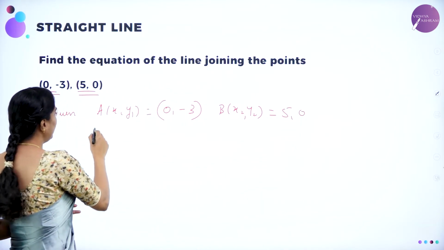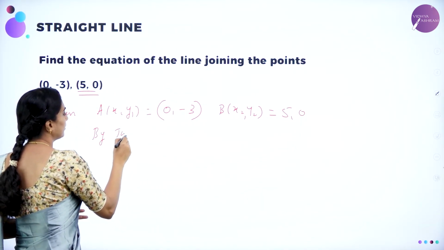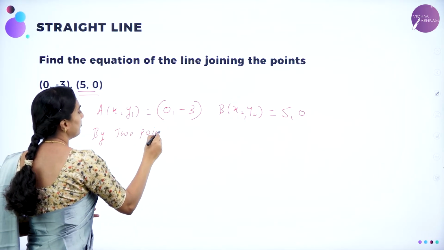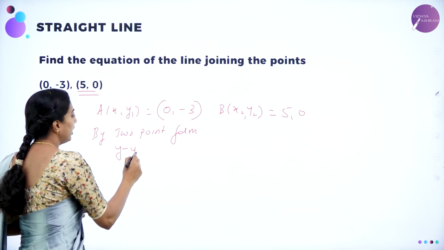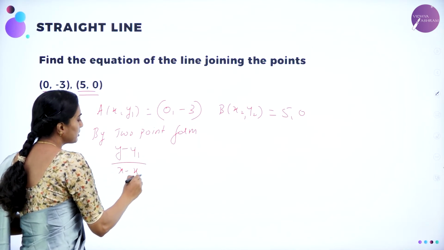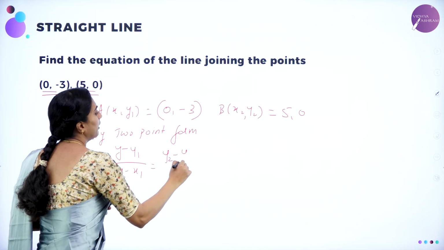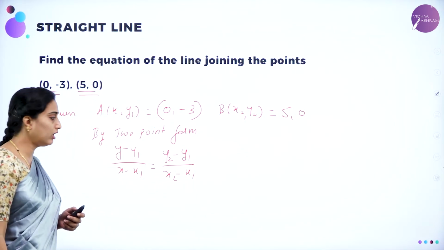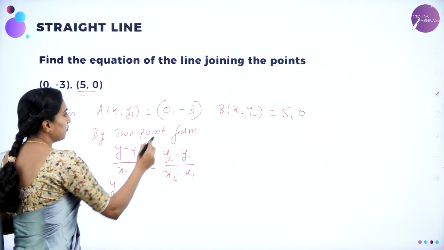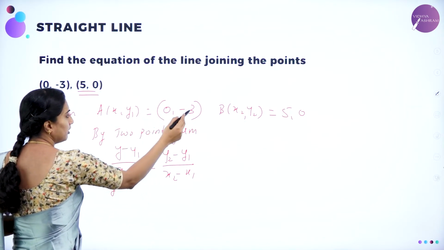Now we know that by the 2-point form, y minus y1 divided by x minus x1 is equal to y2 minus y1 divided by x2 minus x1.